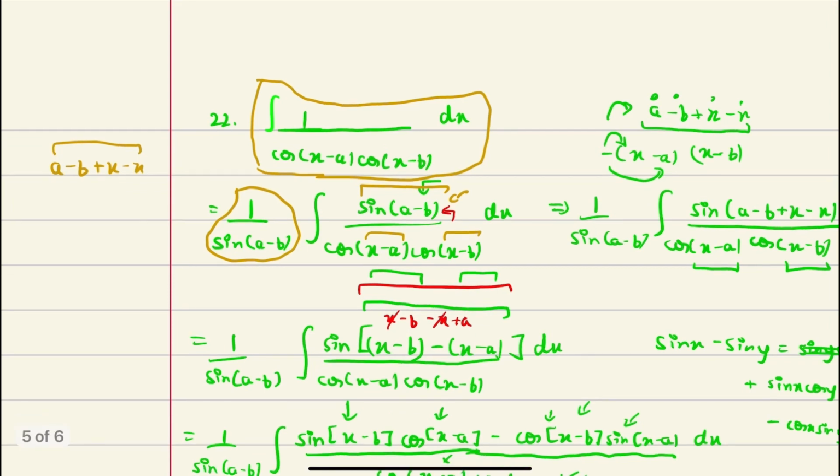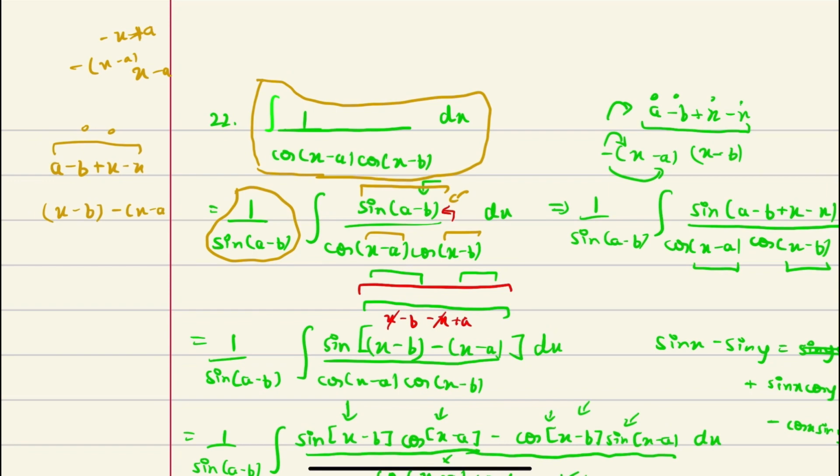So you can already see that we have an x and a minus b, so I'm just going to write that down. Then we want an x minus a, right? But what we have is a minus x plus a. So I'm just going to take a negative sign outside. That gives me x minus a, which is what I needed.